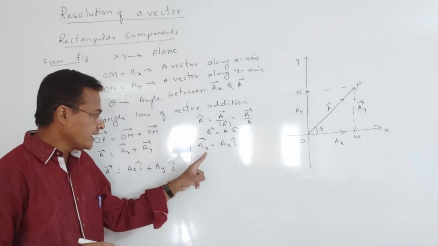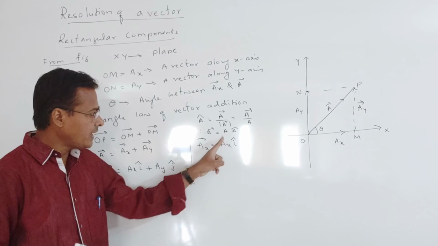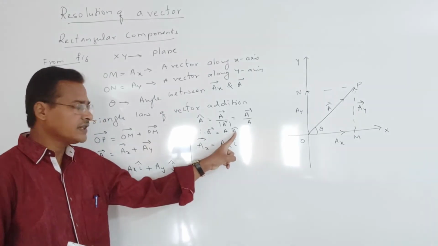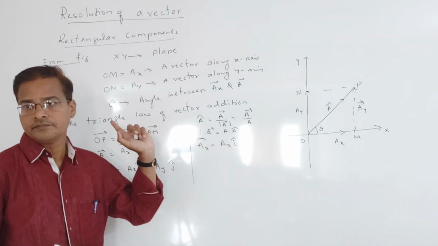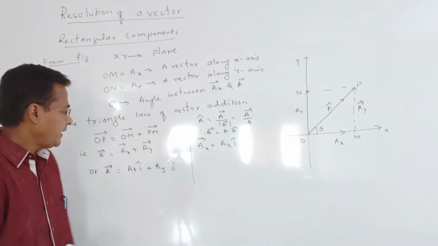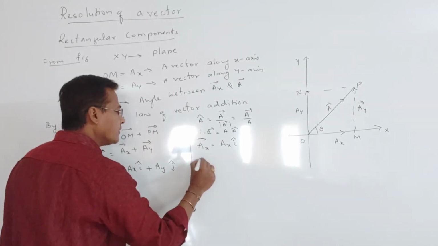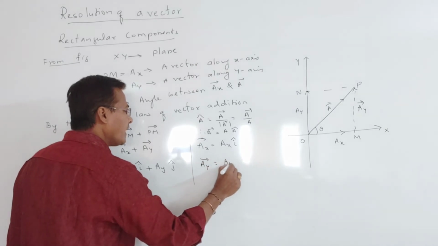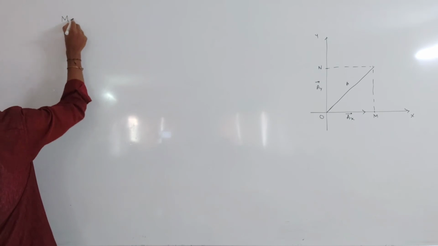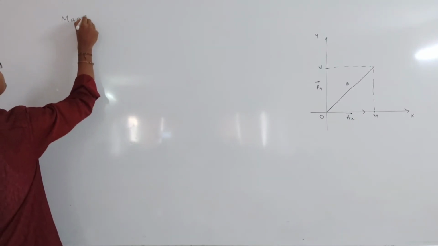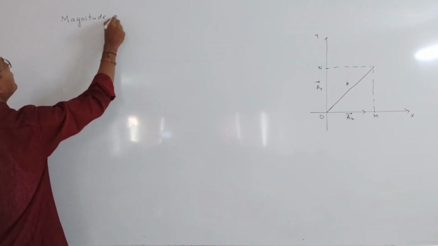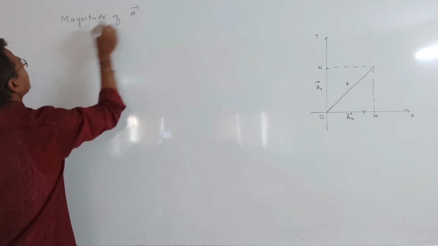Here the AX vector has magnitude AX and the unit vector is I cap. Similarly, the AY vector equals AY into J cap. Magnitude of A vector.